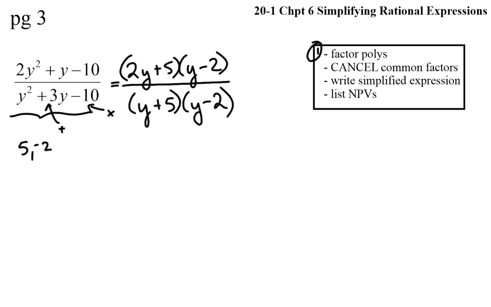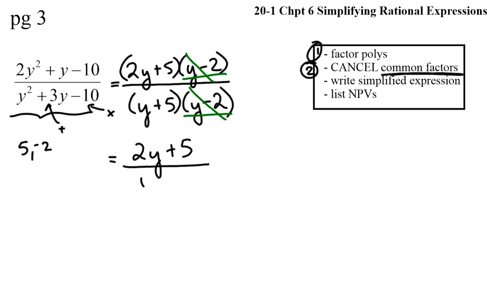We factor the polynomials, and now we cancel common factors. Again, common factors. y minus 2, look, there's another y minus 2 factor. Those will cancel out. So we end up with 2y plus 5 over y plus 5.